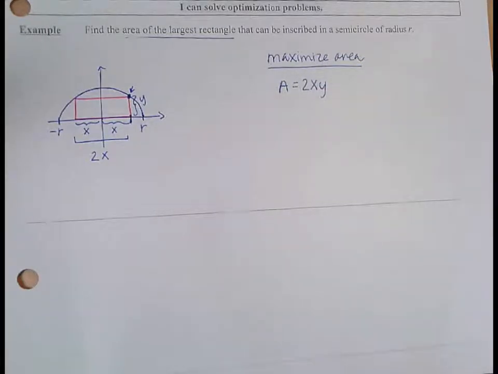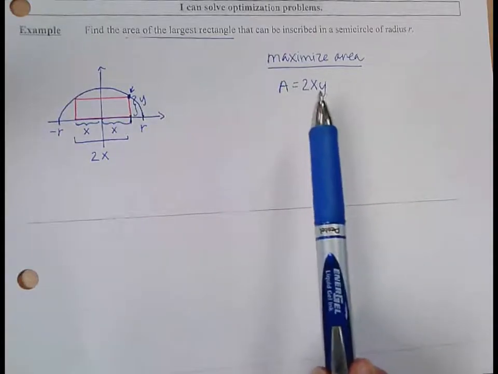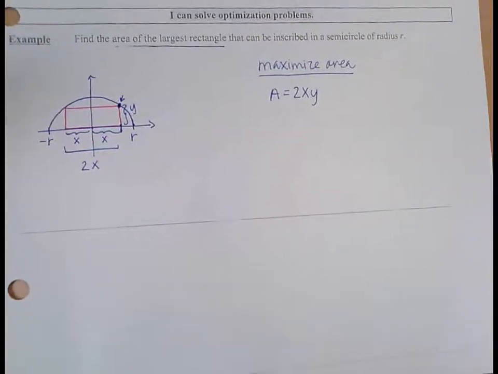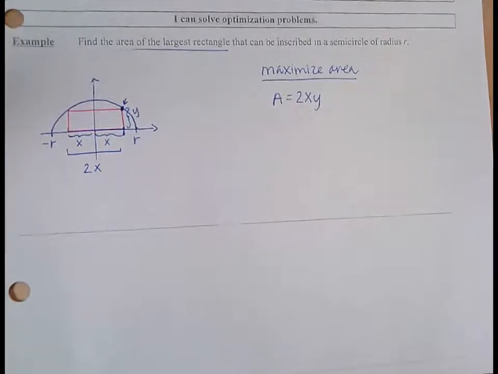Then I said in order to find the max or min, this equation needs to be in terms of one variable, not two. So I need to be able to replace x or y with a quantity, so I just have something in terms of x or in terms of y. And where that's going to come from, and like I said, some problems will give this to you. I specifically chose a problem that doesn't because it's more challenging.